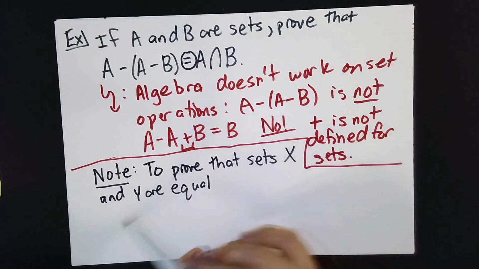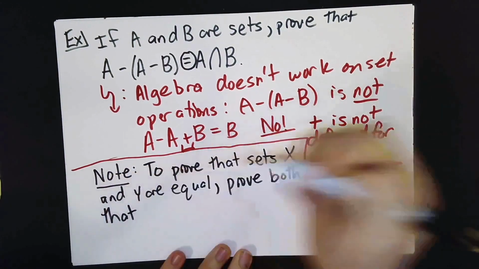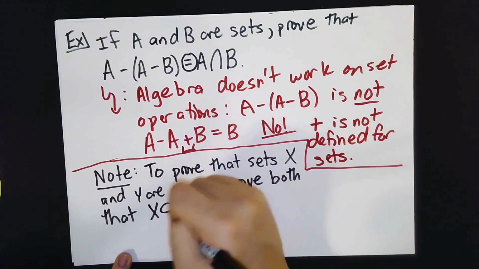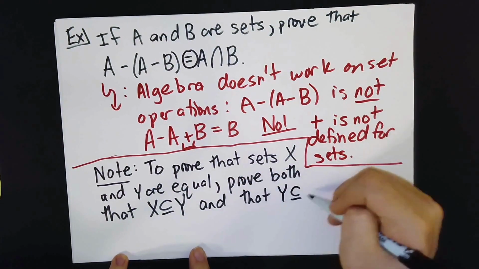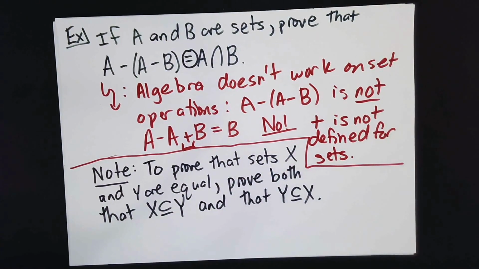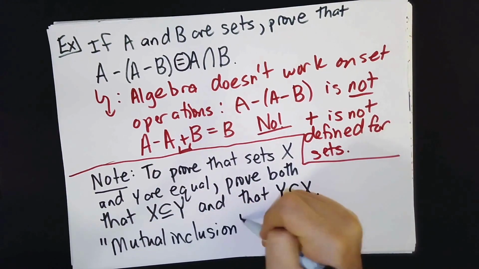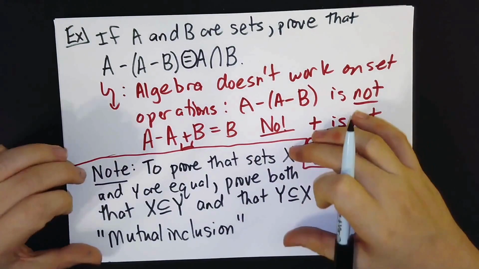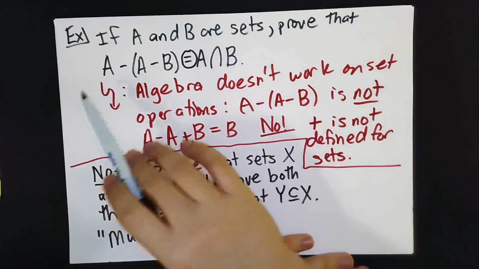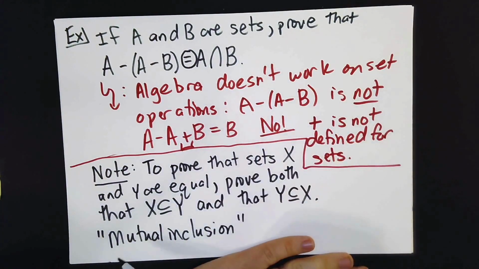If I want to prove that sets X and Y are equal, I need to do two proofs: that X is a subset of Y, and that Y is a subset of X. This is called mutual inclusion, meaning inclusion in both directions. And that's what we're trying to show. Anytime someone asks you to show that two sets are equal, they probably want you to show mutual inclusion.